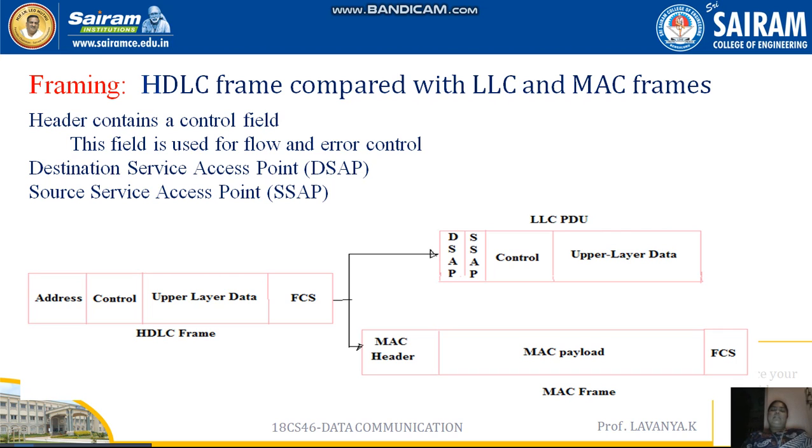Then it moves on to the frame check sequence, the FCS. Every data is arranged in the form of frames, in chronological order. So this is the HDLC frame format. Then our LLC frame.